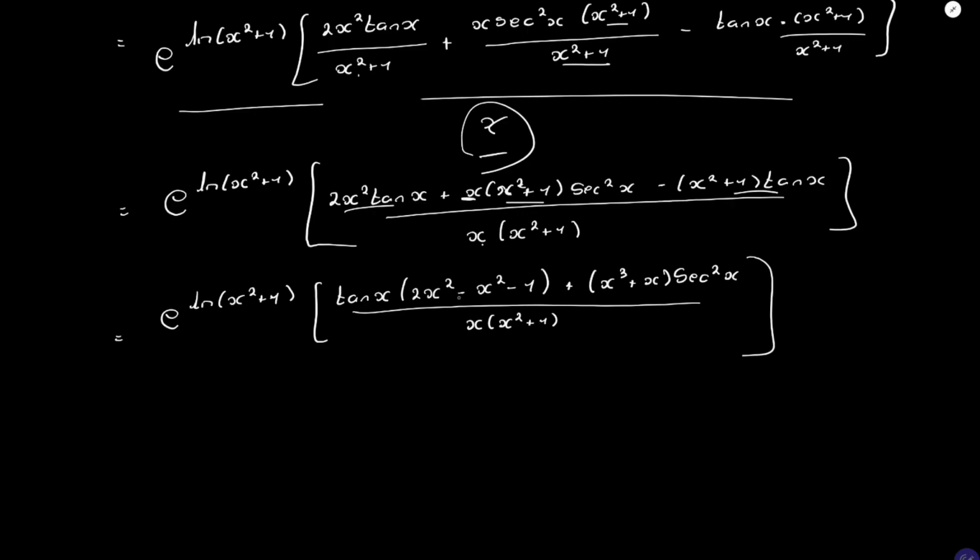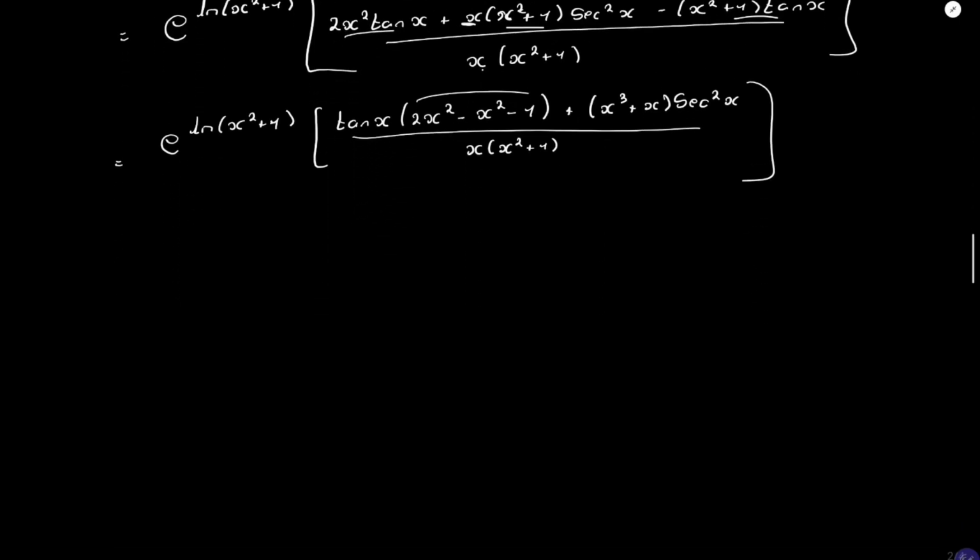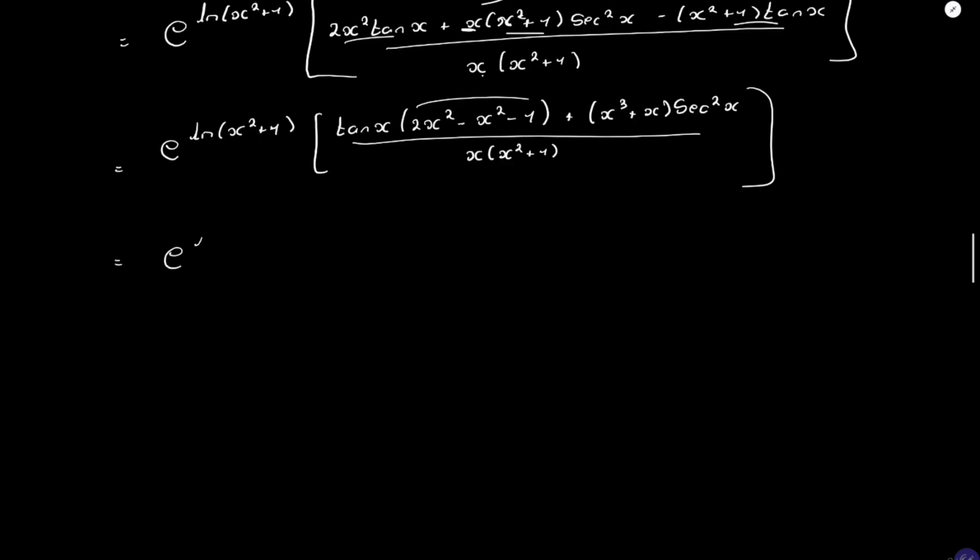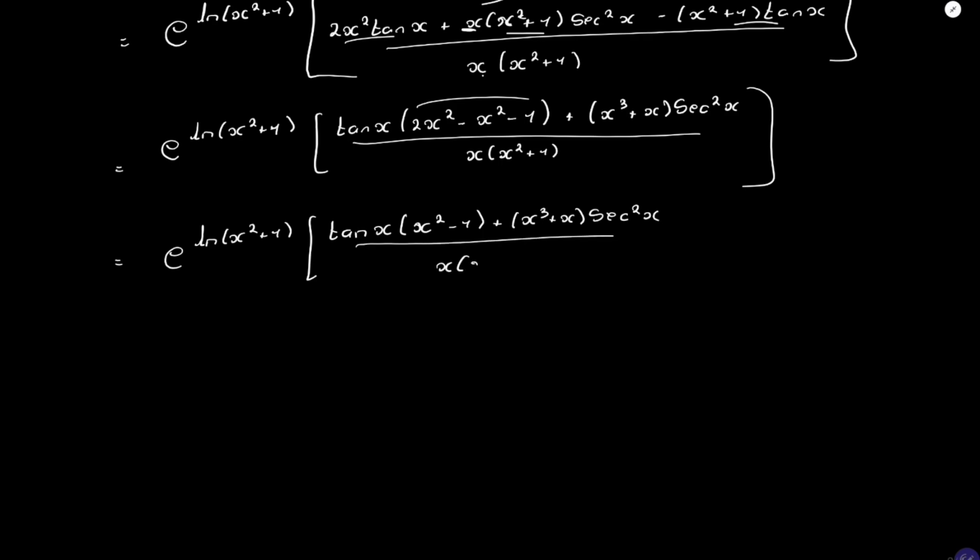So let's simplify this bracket. This leaves us with e to the ln of x squared plus 1 in bracket tan x, 2x minus x squared, as x squared minus 1, plus x cubed plus x sec squared x divided by x squared plus 1.